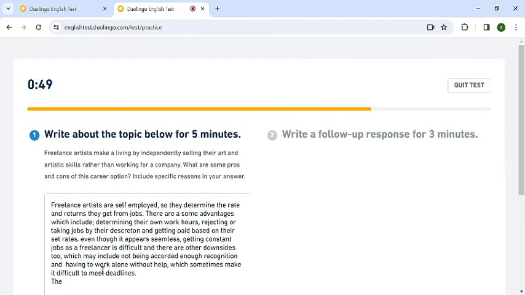The work system requires a lot more effort from freelancers than it does from big corporations.